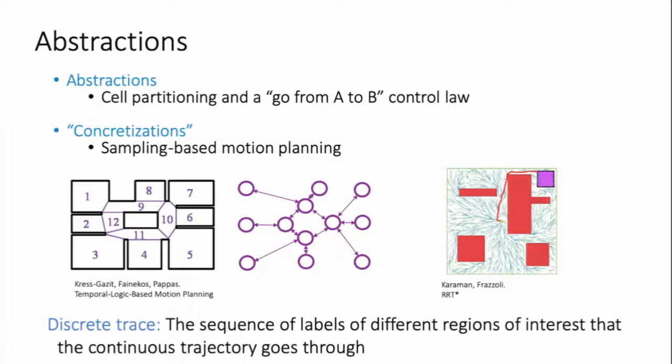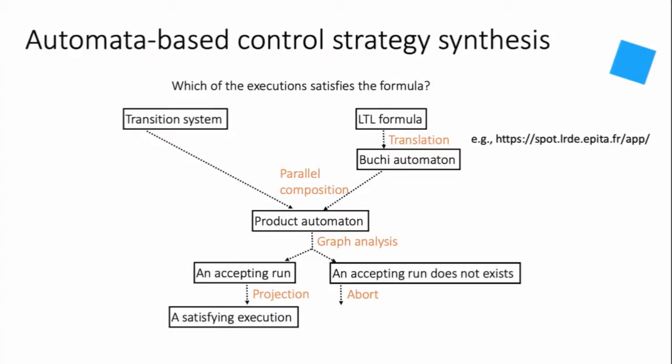So each point here is actually a real state, but you just don't have all of them. And there are these sampling-based motion planning techniques that can give you such abstractions. So this is just a taste that there is this obstacle that we have to go through, that we have to first build some discrete model. And then we can happily apply our technique.